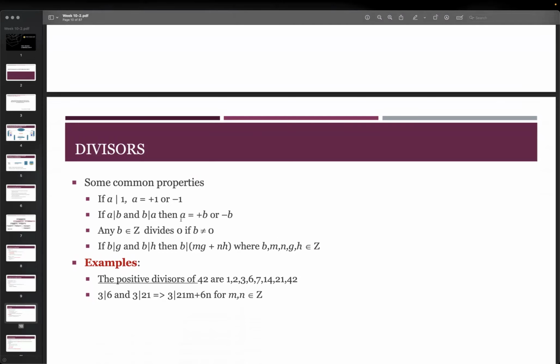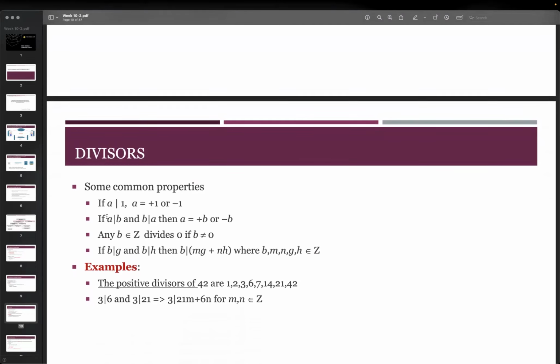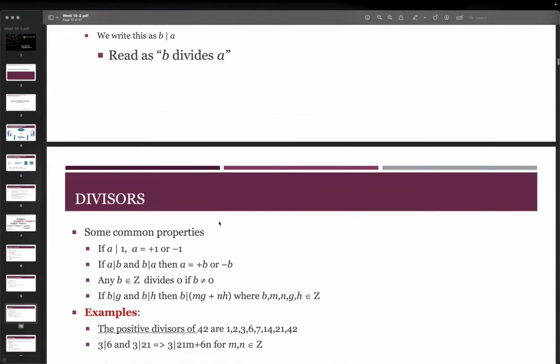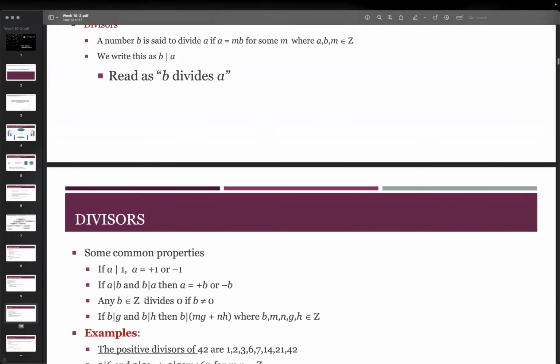For some common properties, say a is 1, positive one or negative one, no matter the order, AB or BA, it can be positive b or negative b. Any of them are a subset of Z. When we divide 0, that means b cannot be equal to 0.